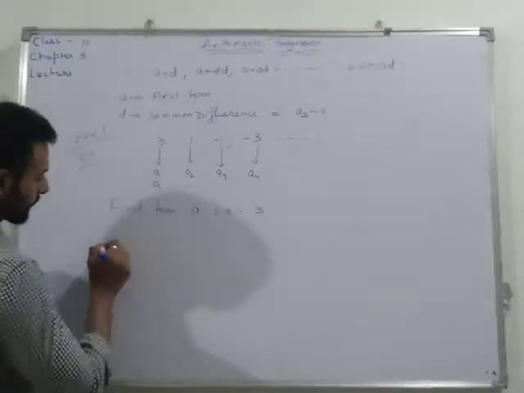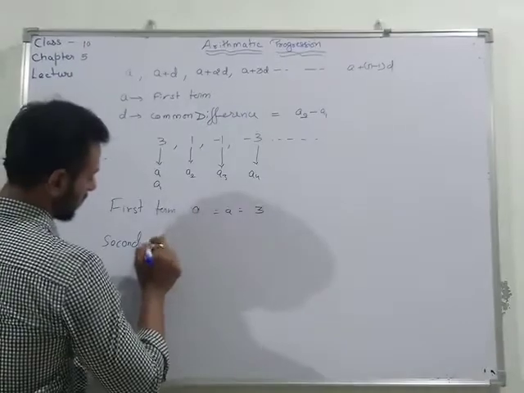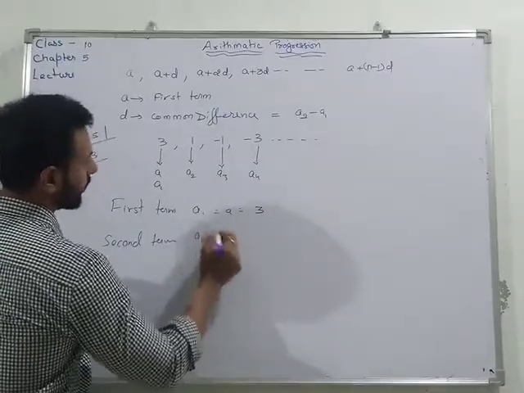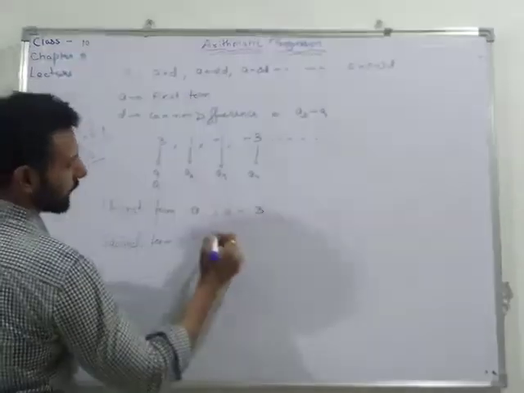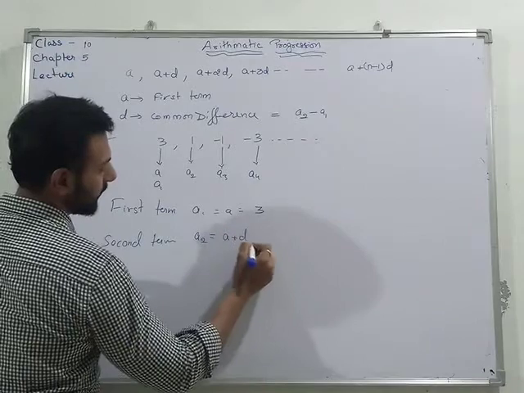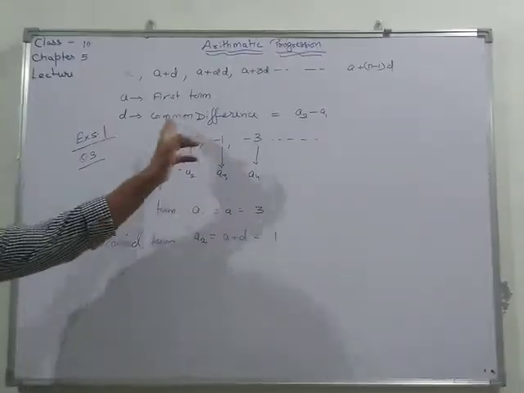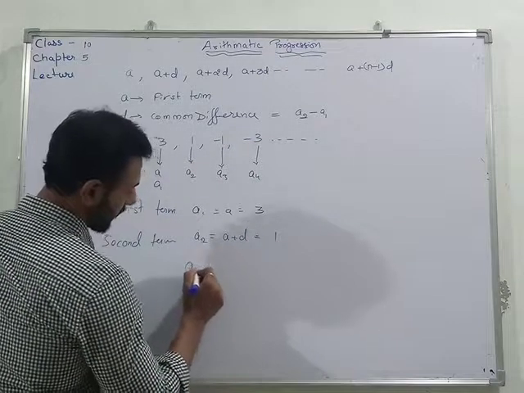Second term is A2. A2 is what? a plus d, which is equal to 1. Now common difference is taken by A2 minus A1.